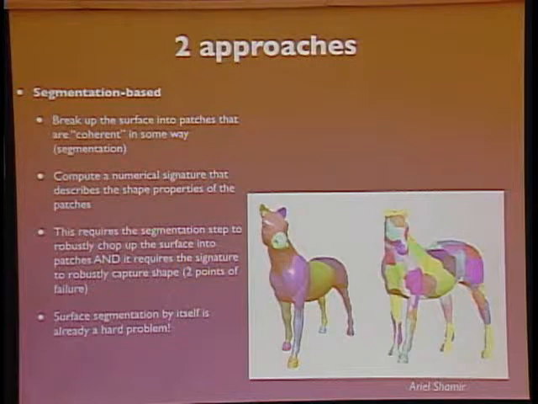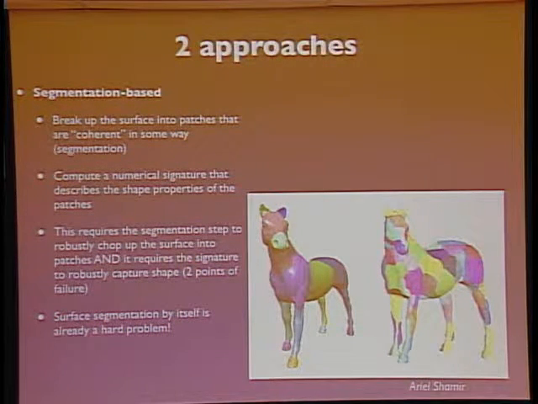Then you would take each one of those labels, and there'd be some set of points associated with it, and map that to a shape signature. So you do that for the object and for all the objects in the database and for the scene. And you then compare the shape signature for each segment in the object, the set of objects, to the set of shape signatures for segments in the scene.